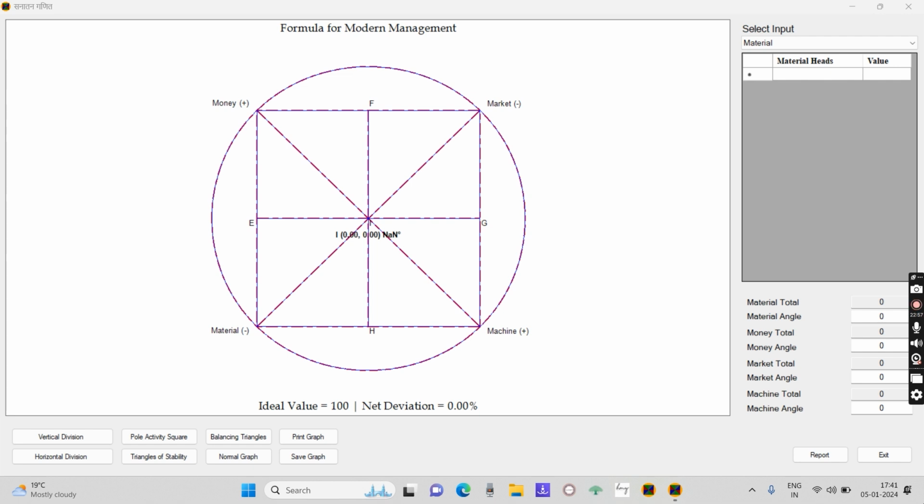The logic behind the result has to be put by human intellect, whether we are talking about market, money, material or machine. That has to be put in perspective: what material means, what machine means, what market means, and how money can be managed.